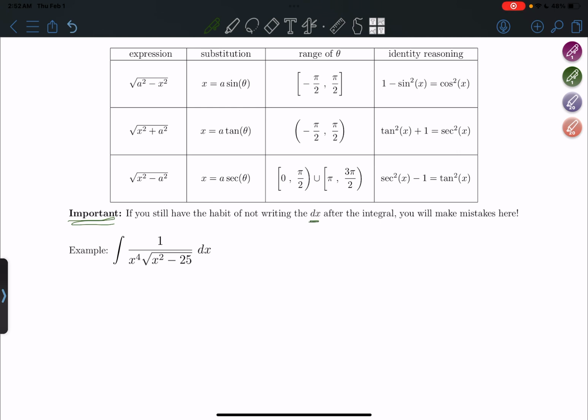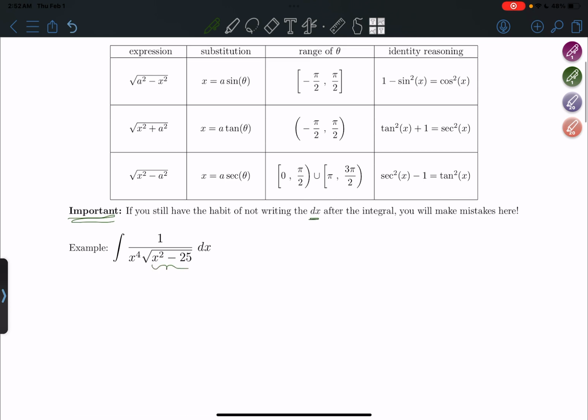Let's come back to this example here. When you look inside that radical, you see x squared minus 25. So a function squared minus a number squared. Of course, 25 is 5 squared, so this is just x squared minus 5 squared.